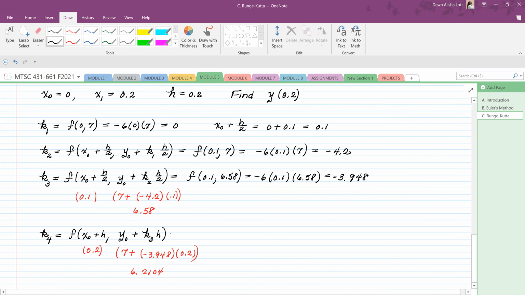Okay, so this is now f of 0.2 and 6.2104.